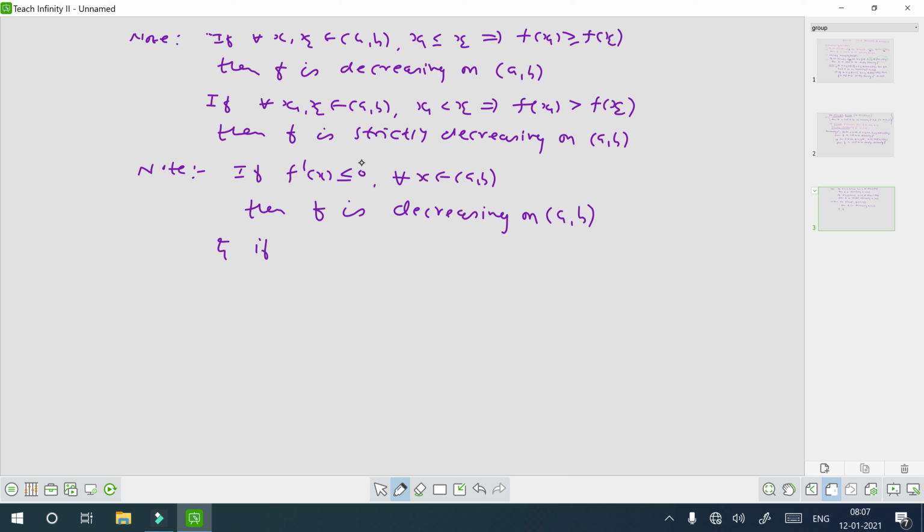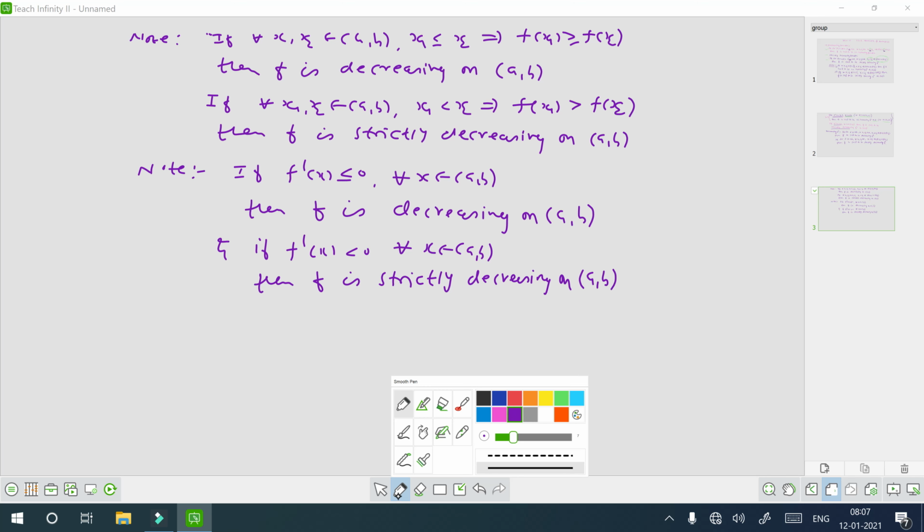And if f dash x is strictly less than 0 for all x belongs to open interval AB, then f is strictly decreasing on open interval AB.